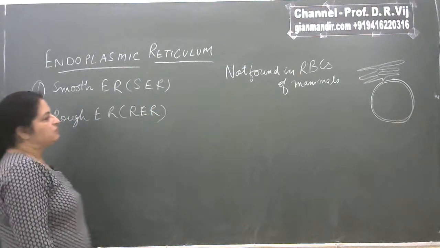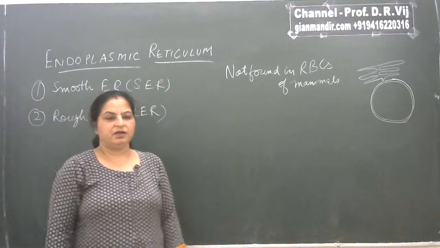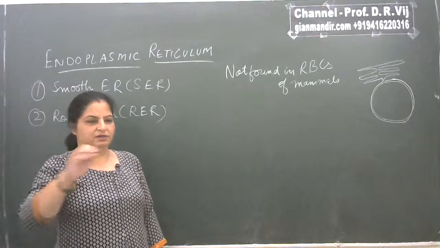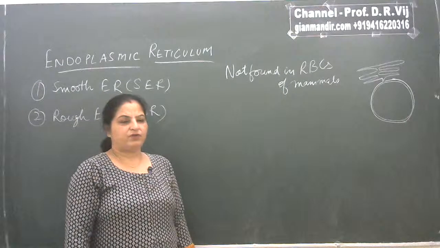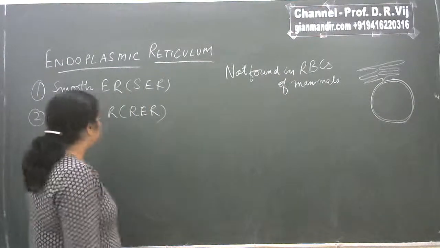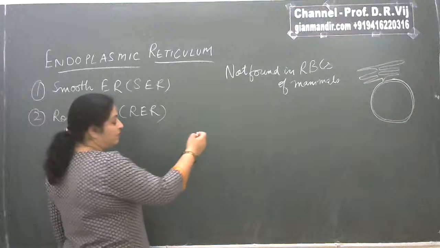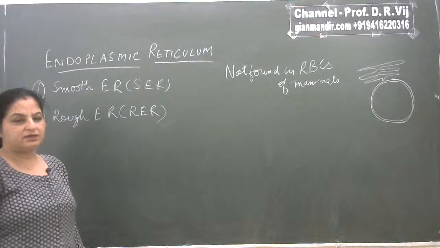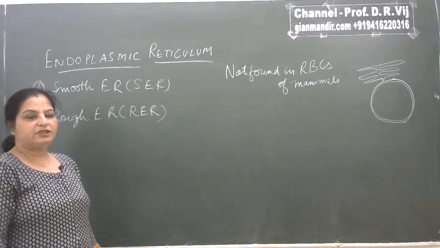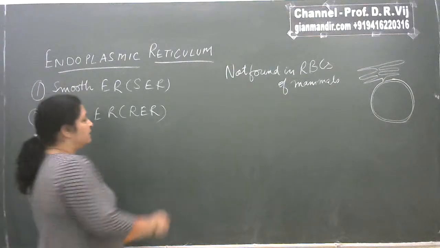As the name shows, smooth endoplasmic reticulum is said to be smooth because its surface is smooth, not having any kind of attachment over its surface. But rough endoplasmic reticulum is said to be rough because its surface is rough due to the attachment of ribosomes on the surface.